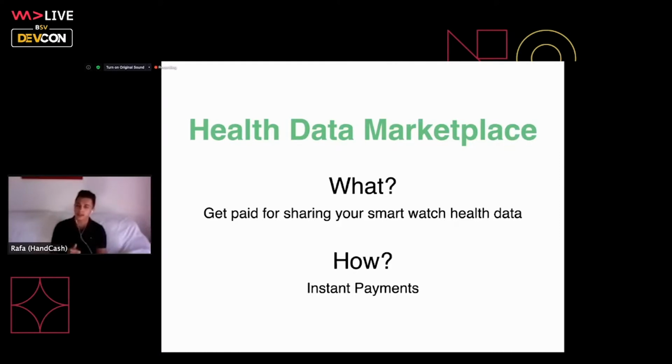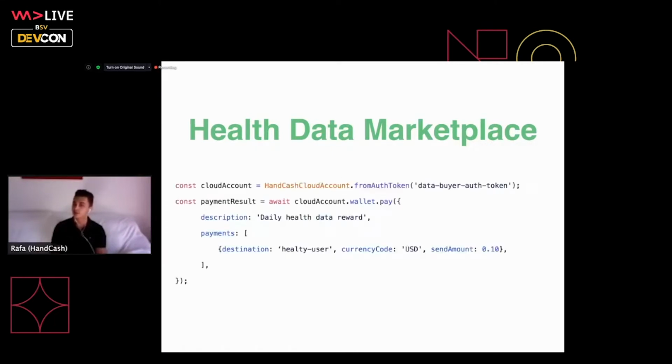The way we can implement this business model is using the instant payment feature, and it will be just something like that. The data buyer authorizes HandCash to spend money on their behalf. This is the token that we use.